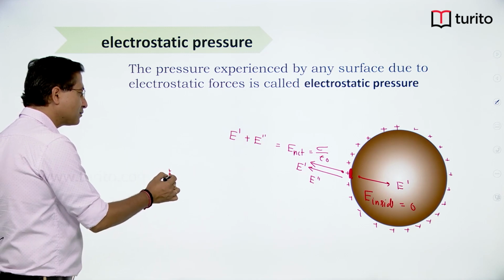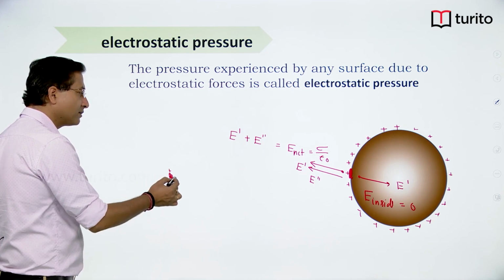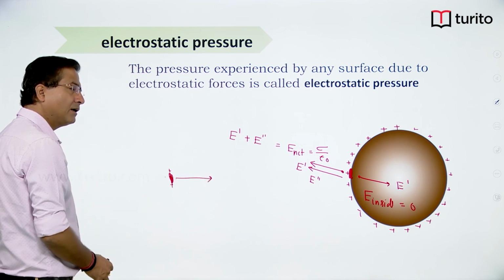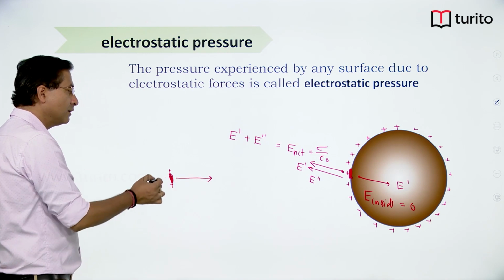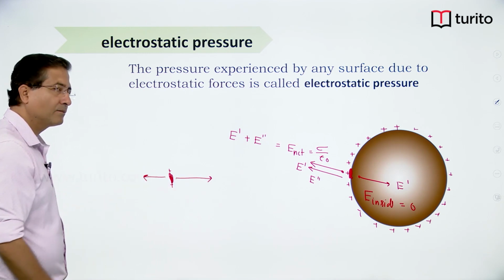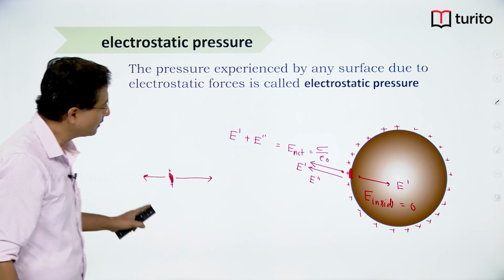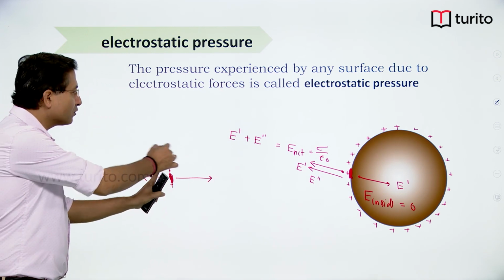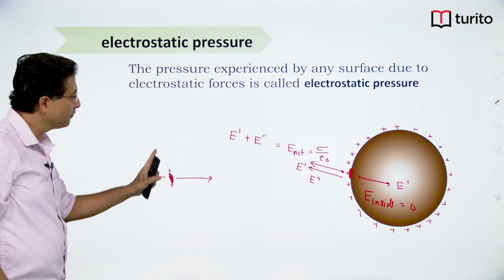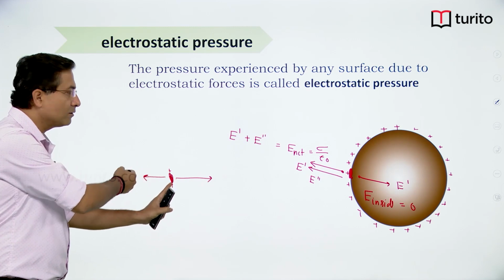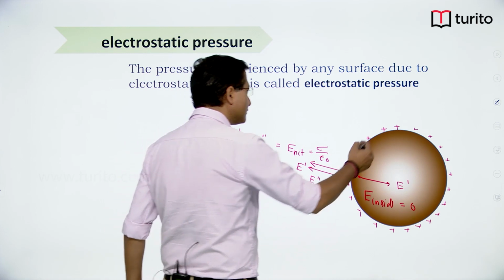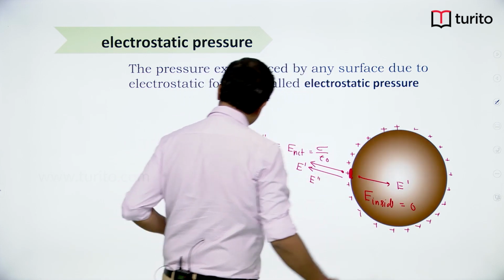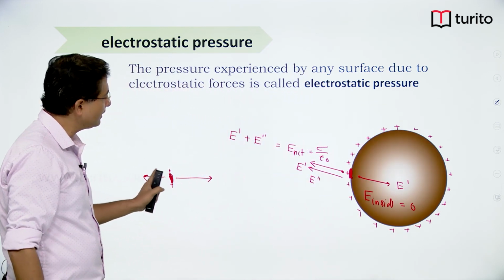If I consider charge positive, this side it will create field away from the distribution, and this side it will also create field away from the distribution. So because of the element, if I go this side, field will be in this direction, and if I go that side, field will be in that direction. They will cancel each other.